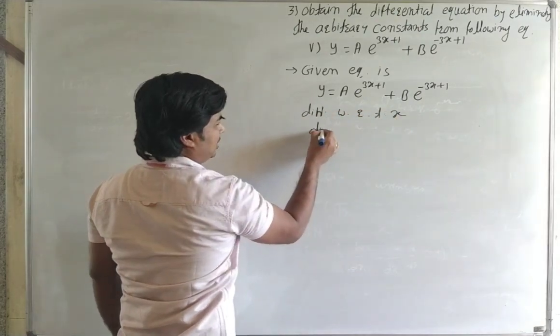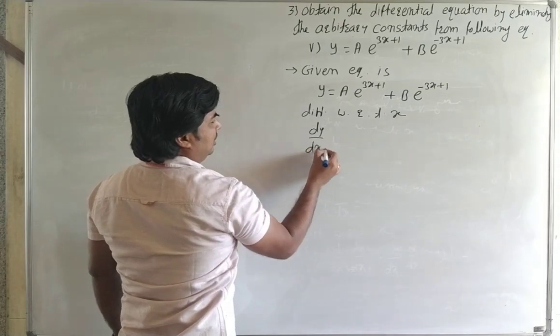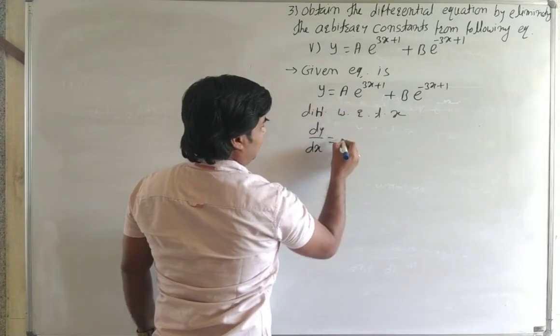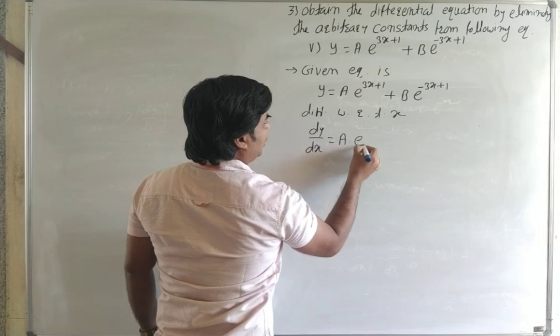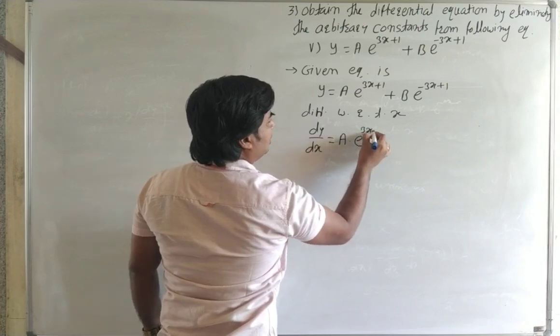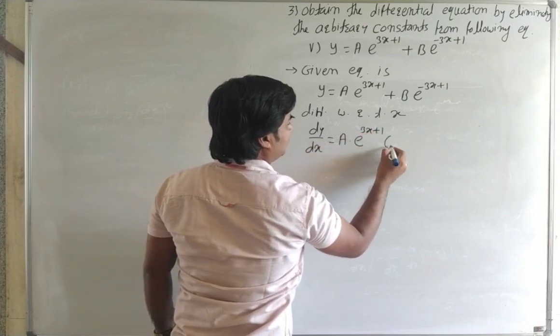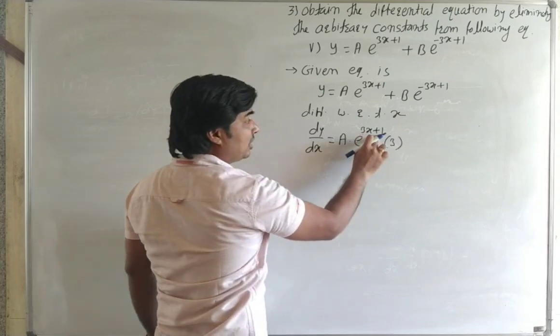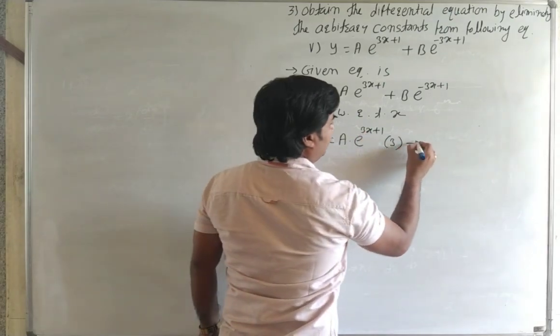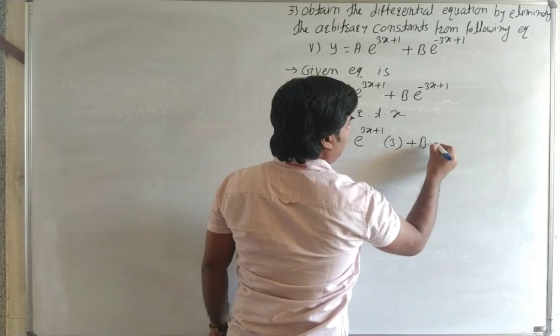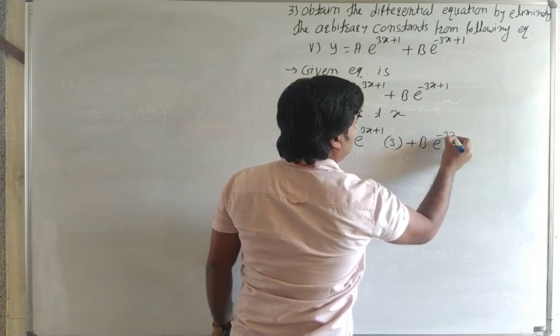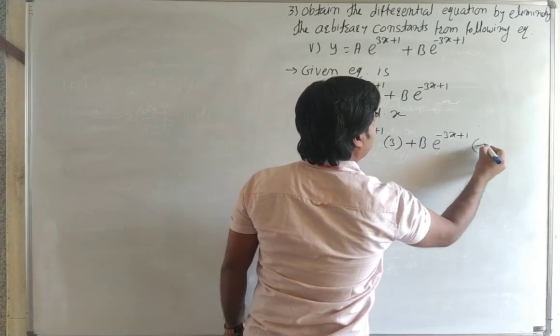The derivative of y, dy by dx, is equal to the derivative of this term: a as it is into e to the power 3x plus 1 into 3, the derivative of 3x plus 1, plus b into e to the power minus 3x plus 1 into minus 3.